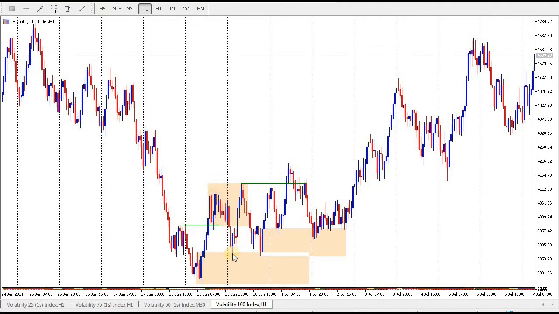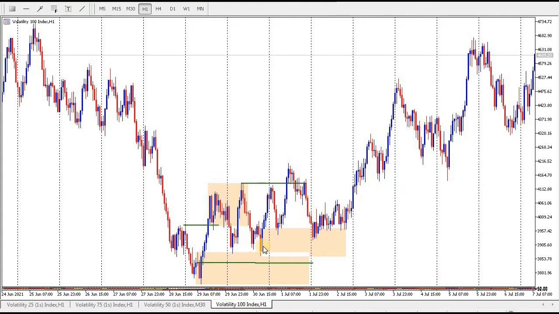Then the price came at the first time, but they didn't reach in the good order block zone. Also, as you can see, they did come, but they didn't reach the good order block zone. So this one we were going to miss it. Why? Because they didn't reach the good order block area zone.